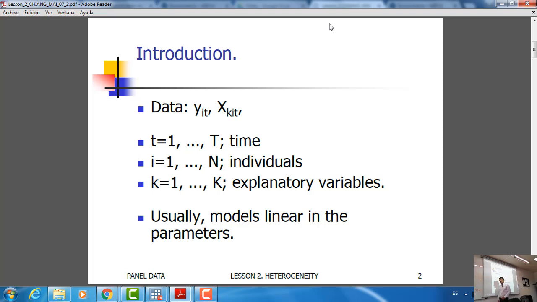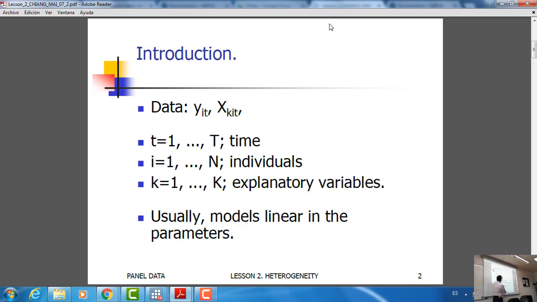So let's see now the basics. Which are the basic ideas behind heterogeneity, the treatment of heterogeneity. So first, some notation like in the previous case, but just to remember, it is very important, the notation in this part.